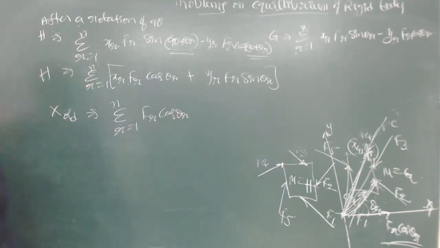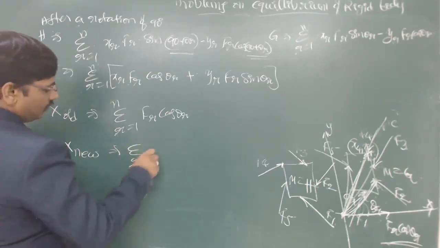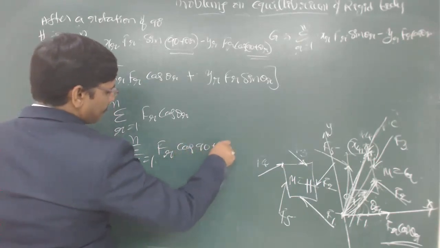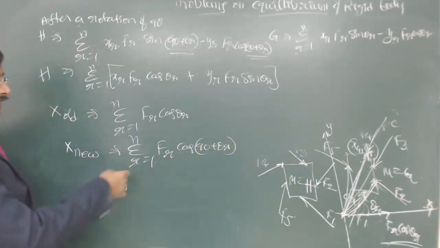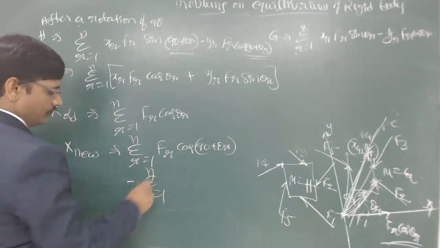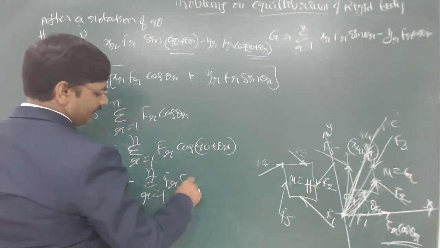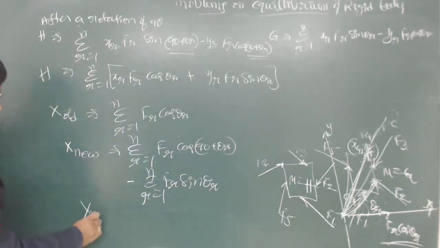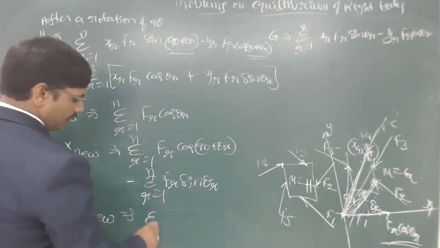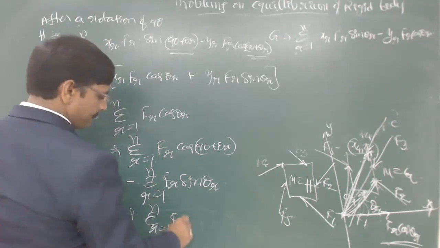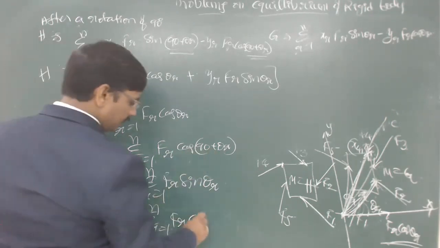Now after rotation of 90 degrees, x new is going to be sigma r equal to 1 to n, fr cos of 90 plus theta r. So cos of 90 plus theta r is minus sin, so minus sigma r equal to 1 to n, fr sin theta r. Similarly, y new is equal to sigma r equal to 1 to n, fr sin of 90 plus theta, which is cos theta r.